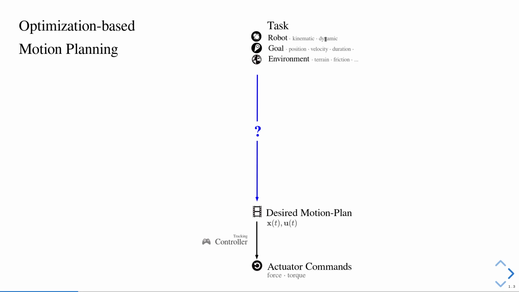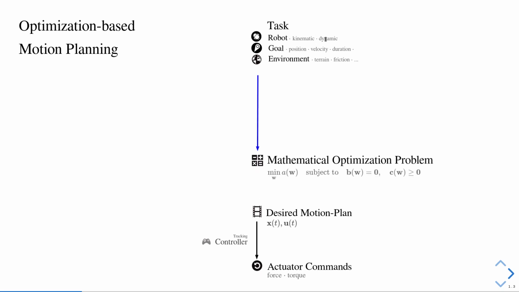So what's often done in this case is that this is again separated into distinct subproblems. Instead of going directly to a desired motion plan, it's possible to reformulate this high-level task description in the form of a mathematical optimization problem.